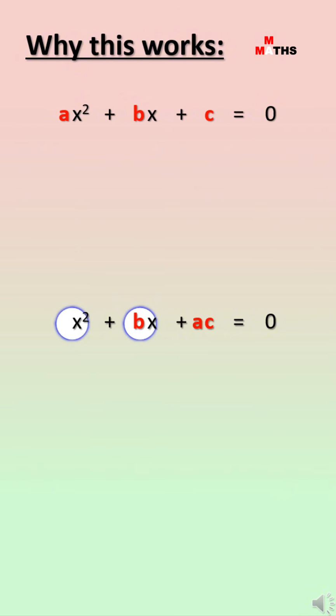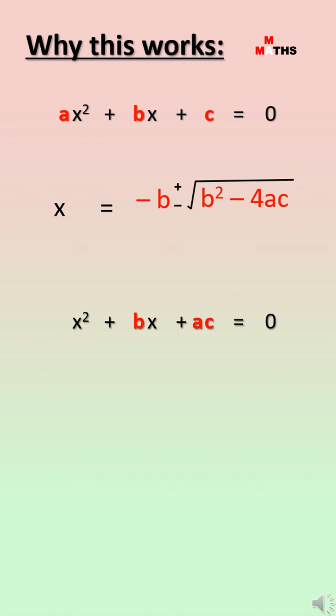So why does this work? Here's our original quadratic. It has coefficients a, b, and c. ax squared plus bx plus c. If we change that to this quadratic, x squared plus bx plus ac, the coefficients have changed to 1, b, and ac. How does that affect the quadratic formula? Let's have a look at it. Minus b plus minus root b squared minus 4ac on 2a.